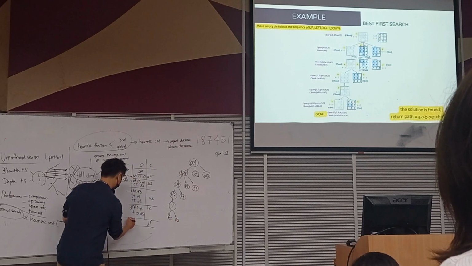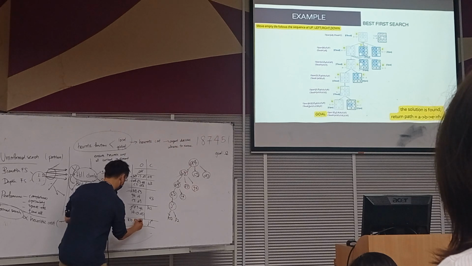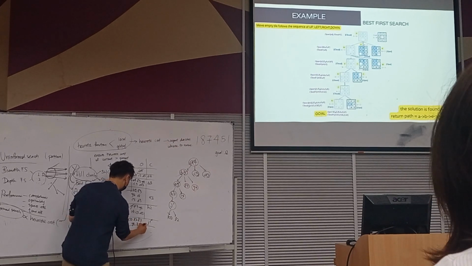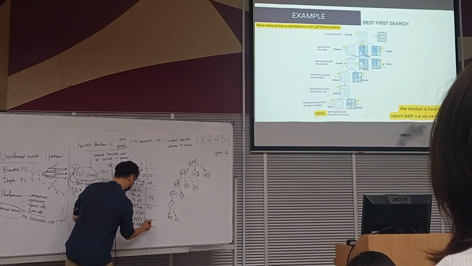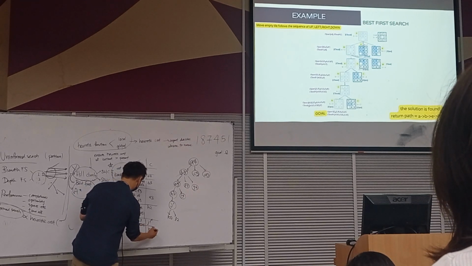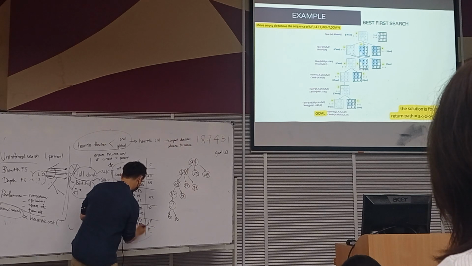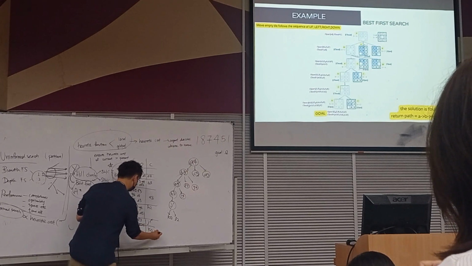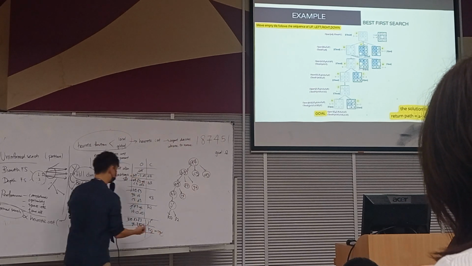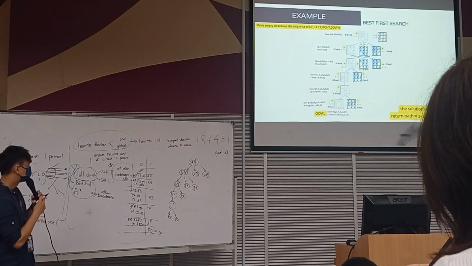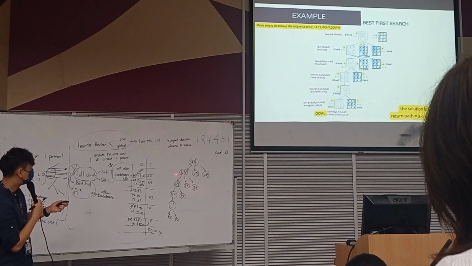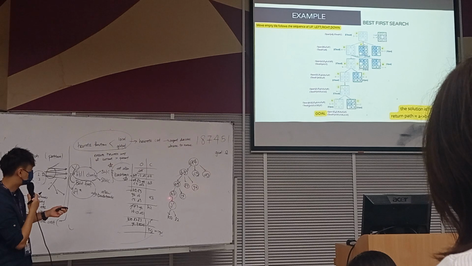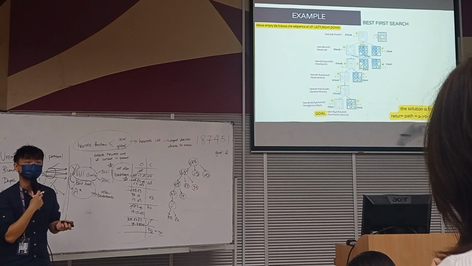So you add K0, L2, F3, G4, I4, C5, and D5. If I expand K0, is it equal to the goal? Yes, so we stop here. The travel path will be A, E, H, J, and K.